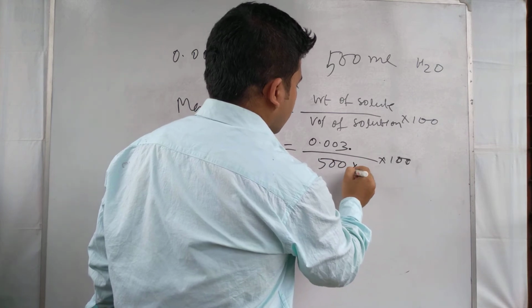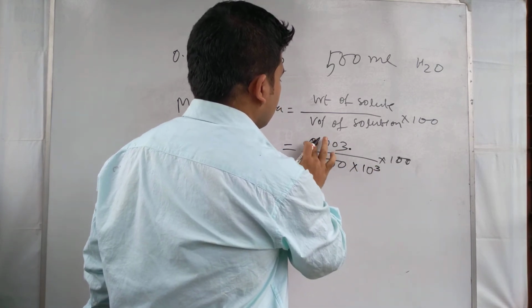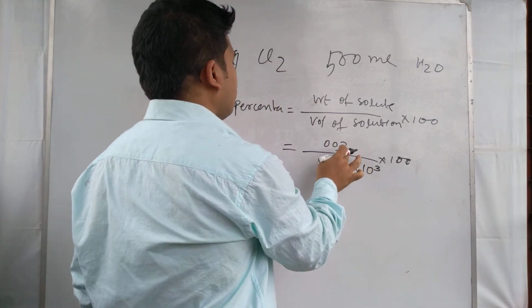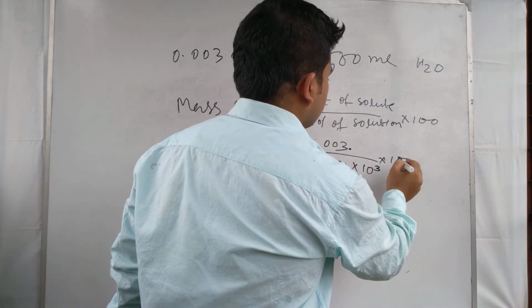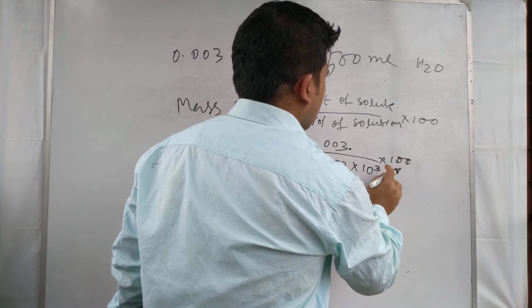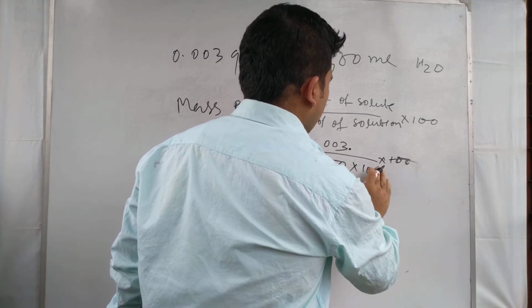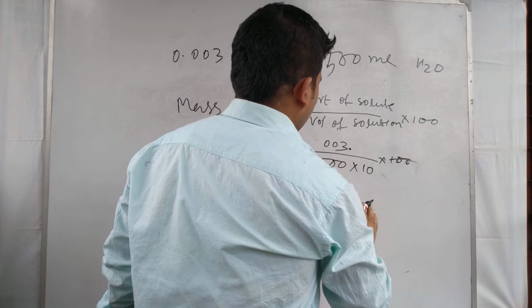What will be the result? We make 10 to the power 3 by shifting the decimal place, and cancelling, only 10 is remaining.